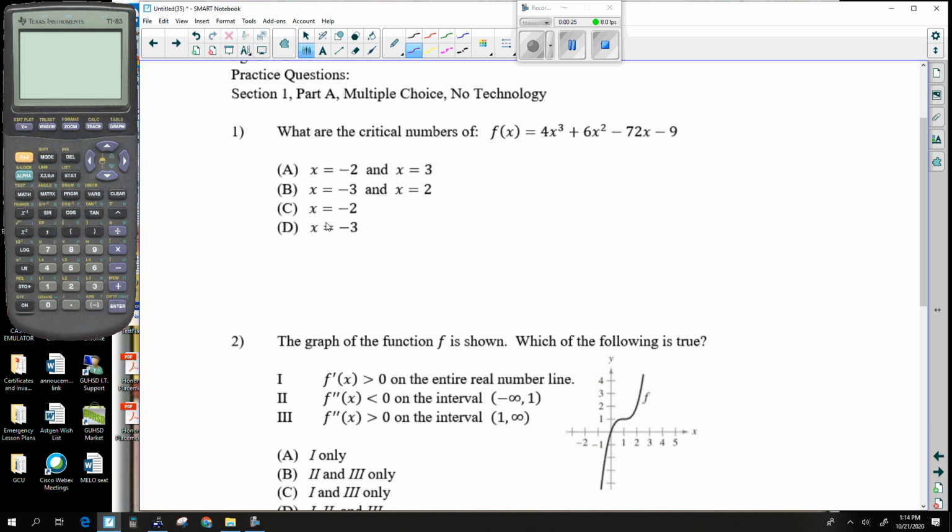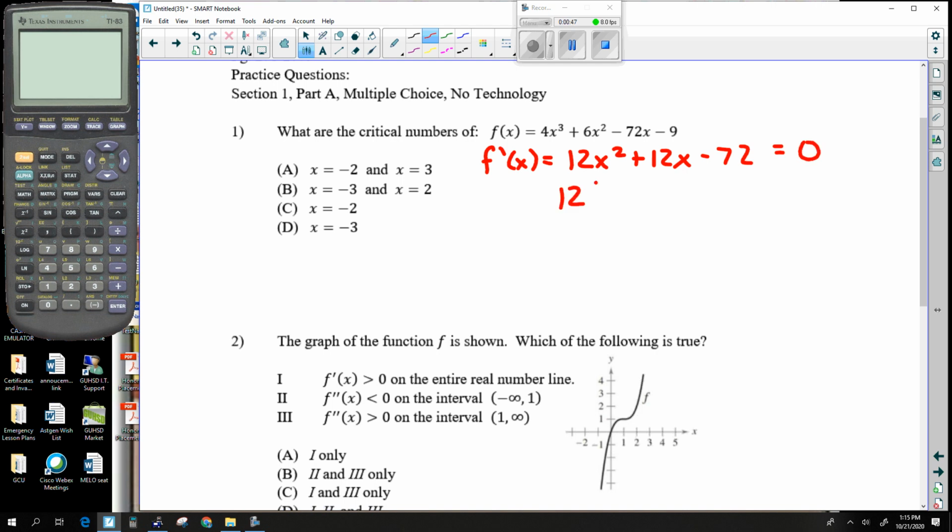Okay, so here we're just asked to find critical numbers. Sounds easy enough. Critical numbers are where the derivatives are equal to 0 or undefined. So we begin by taking this derivative and seeing where this is equal to 0 or undefined.